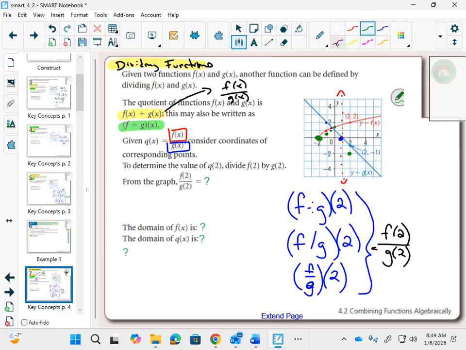In the dividing questions, you're going to have to use some skills from recognizing graphs. And in this situation, can you see that your red graph looks like some sort of, I'll draw in red, some sort of square root graph? And the blue graph looks like some sort of line.